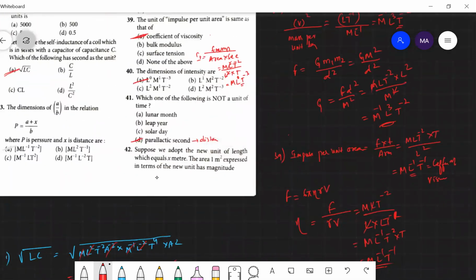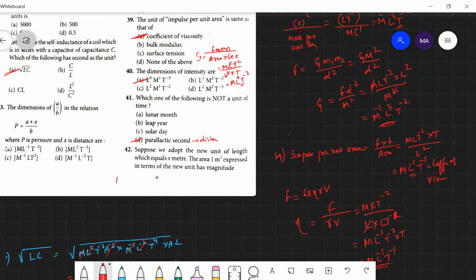Question number 42. Suppose we adopt a new unit of length which equals x meters. The area 1 meter square expressed in terms of the new unit has the magnitude of how much? This is also a good question. I'll write here: a new unit of length which is equal to x meter. The area 1 meter square is expressed as how much?